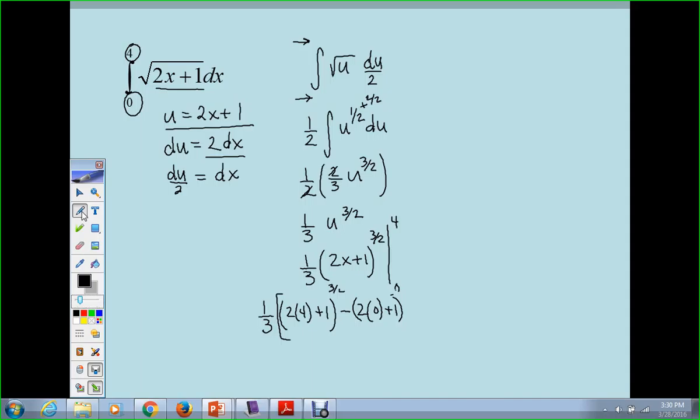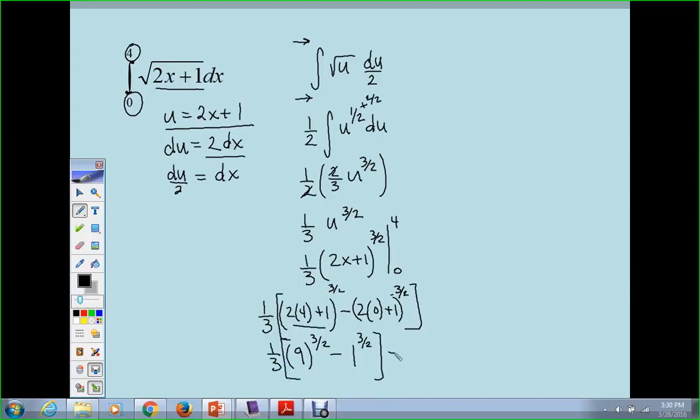Let me erase that so it doesn't get confusing here. Let me put that up a little bit higher. So this was from 0 to 4. Now this is the 3/2. So we have 1/3. Now this quantity here is just 8 plus 1, which is 9, to the 3/2, minus 1 to the 3/2.